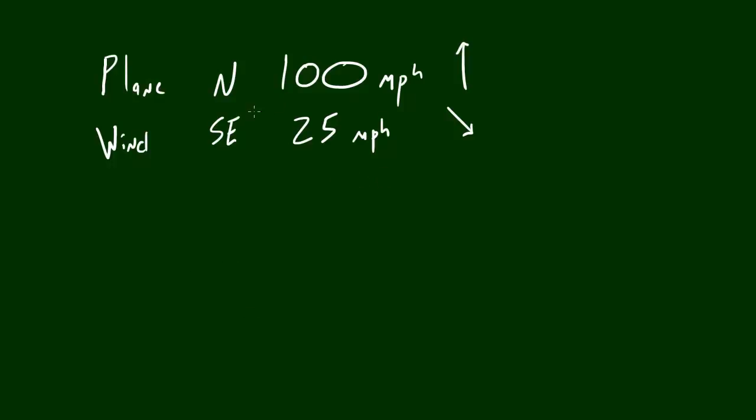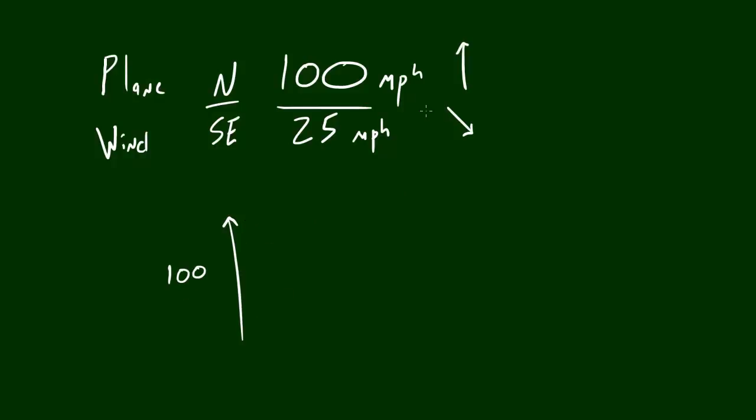Well, what you need to do, just like in vector addition, you first draw the first force or one of the forces, which is north or up at 100 miles per hour. So let's go ahead and do that and draw an arrow north, and I'm just going to write 100, and I won't put the units right there, it doesn't really matter, at 100 miles per hour. So this would symbolize your plane right here.